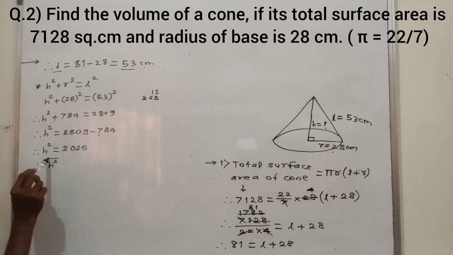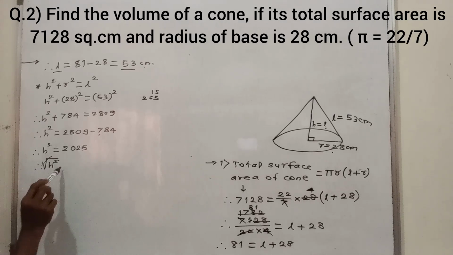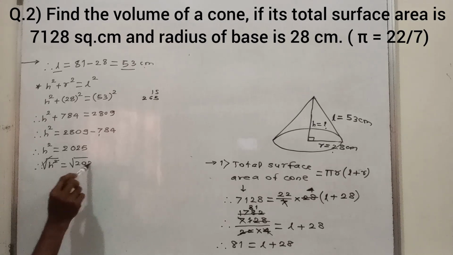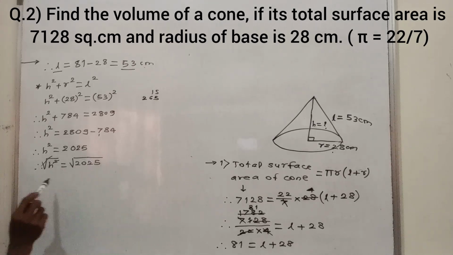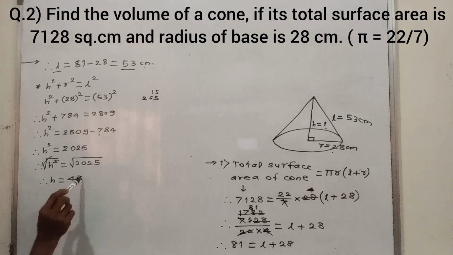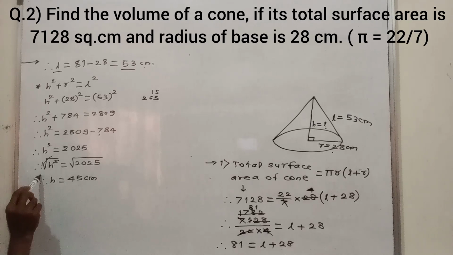Taking square roots of both the sides, square and square root cancel. Therefore h is equal to square root of 2025. h is 45 centimeter.